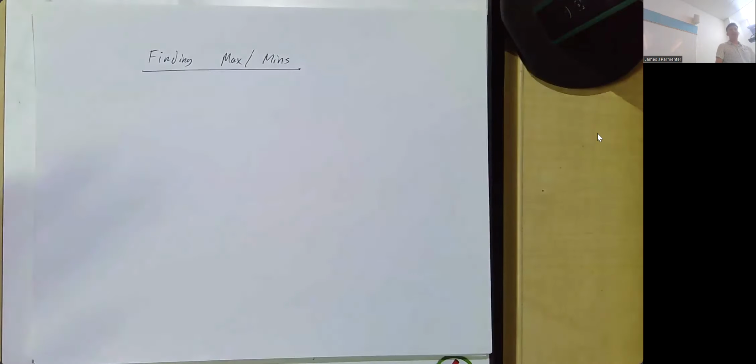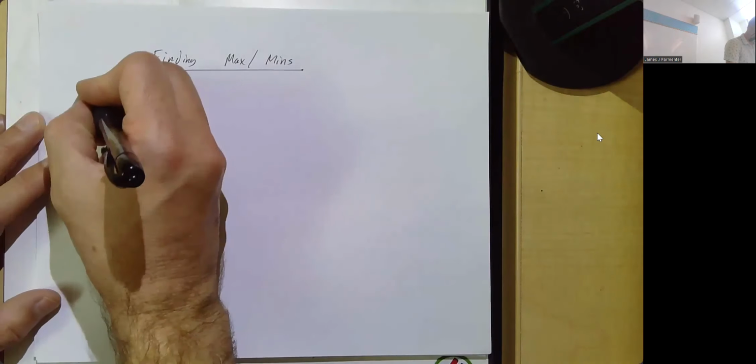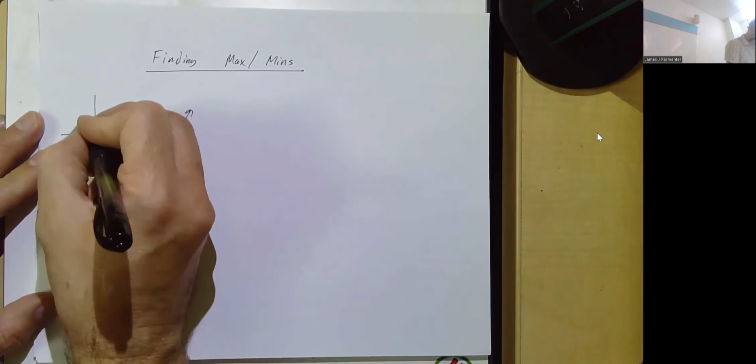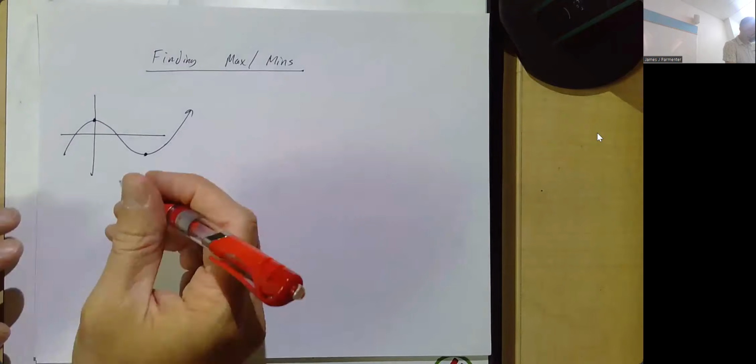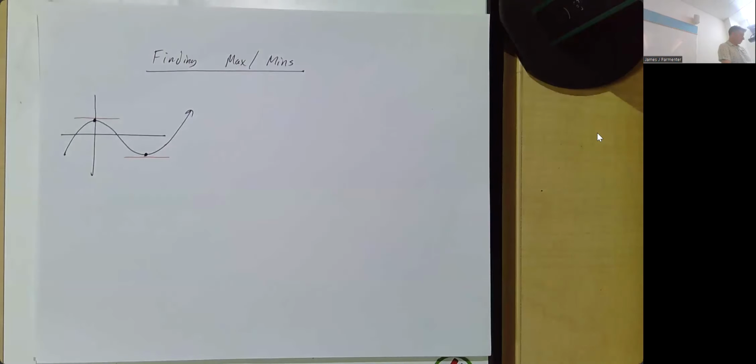So finding maxes and mins. Just like in 17a, when we tried to find a maximum or a minimum of a function by finding the places where the tangent lines had a slope of 0, the same idea or a similar idea is going to be true for functions of 2 variables, aka surfaces.